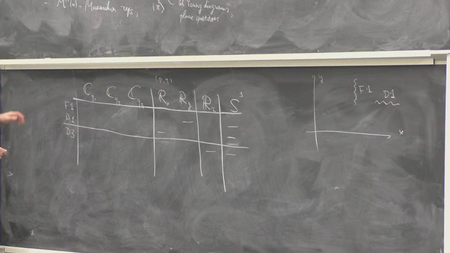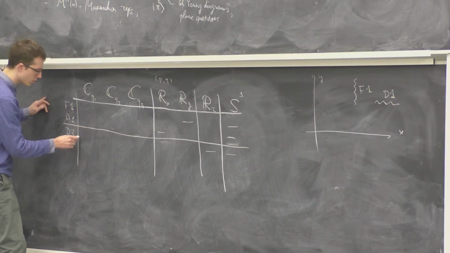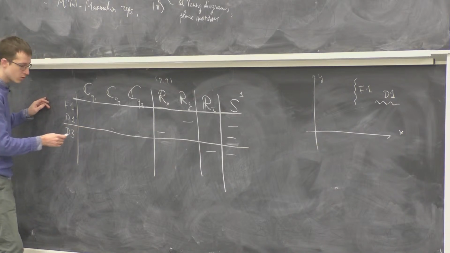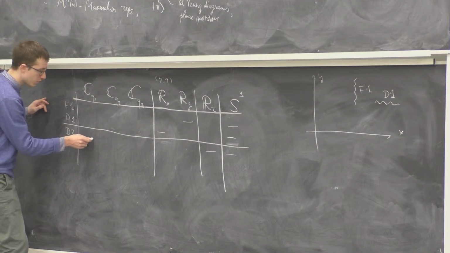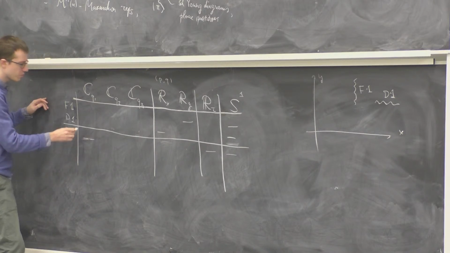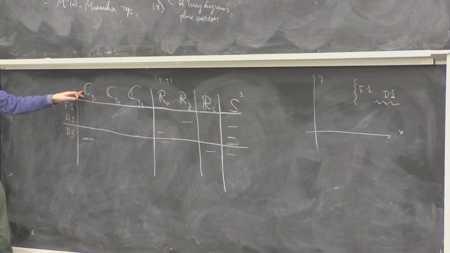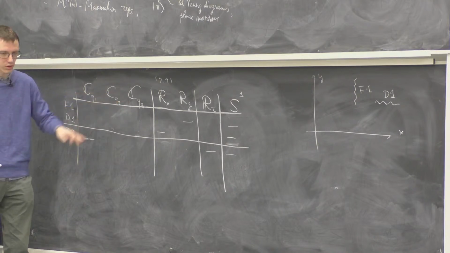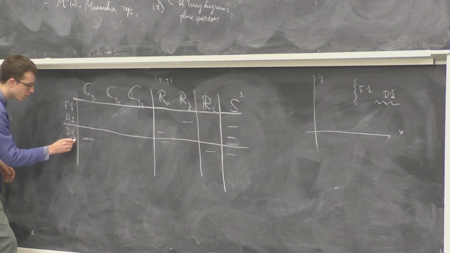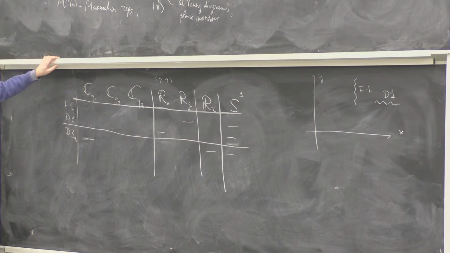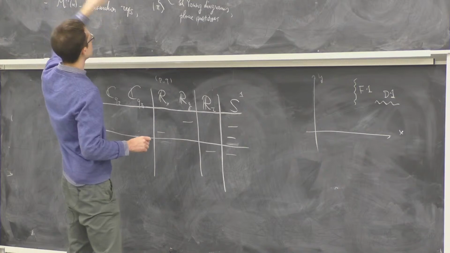I should speed up. So D3, there are three types of D3s. It turns out that supersymmetry can be preserved if it spans either CQ1, CQ2, or CQ3. So there are 3 types, and I will put here an index, which will correspond to the index of the representation.